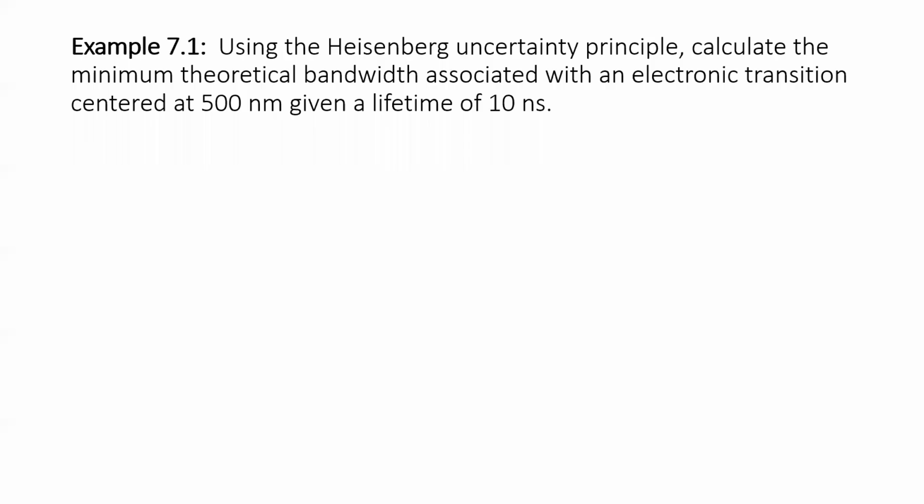All right, here we go. So we're going to use the Heisenberg uncertainty principle to calculate the minimum theoretical bandwidth associated with an electronic transition centered at 500 nanometers, given a lifetime of 10 nanoseconds.